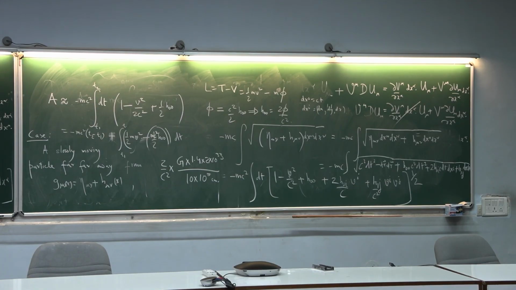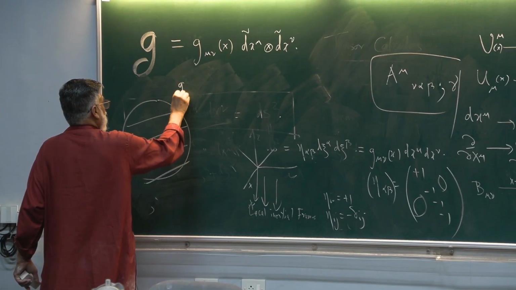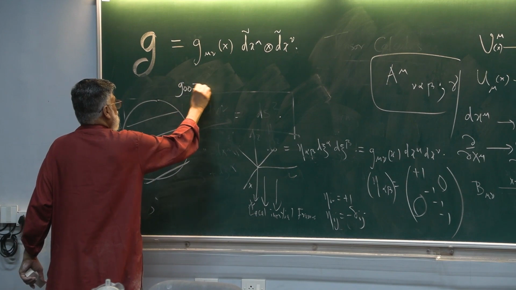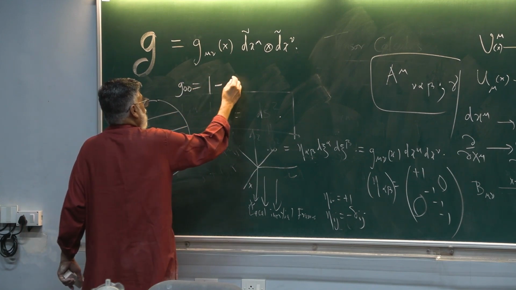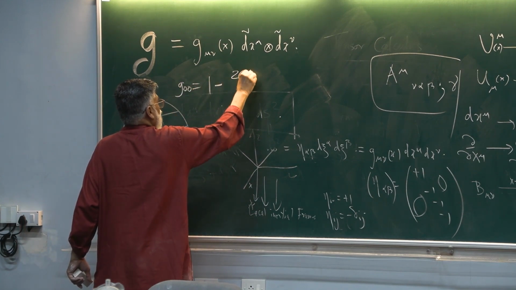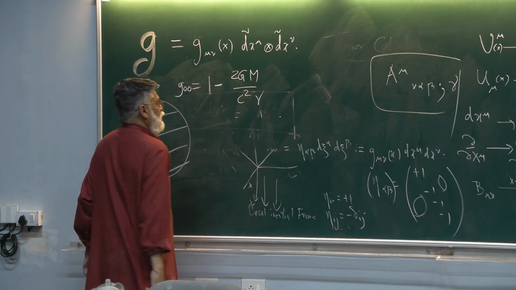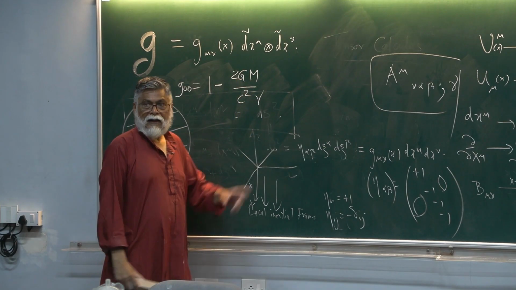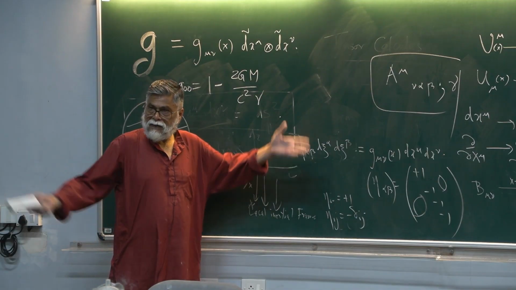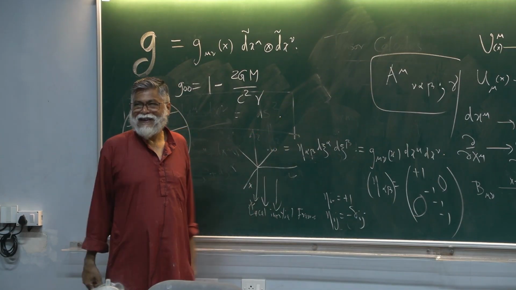One of the main reasons why it works is Karl Schwarzschild's exact solution. If you take a spherically symmetric mass distribution, it turns out G00 is exactly equal to 1 minus 2GM, where M is the mass of the object, by c square r. And GM by r is the Newtonian potential.